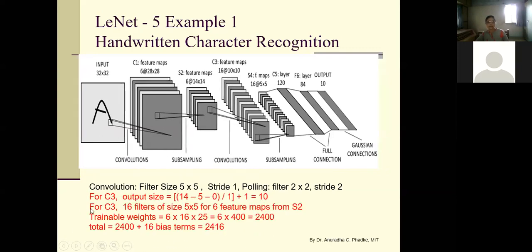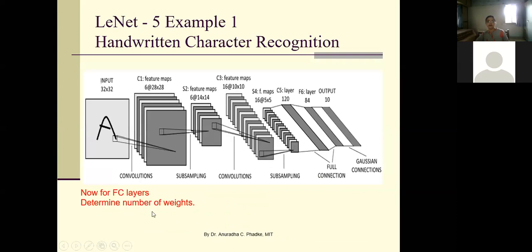For C3, the second convolution layer, as I have just explained, there are 2400 filter coefficients plus 16 bias terms. So there are 2416 total trainable weights.